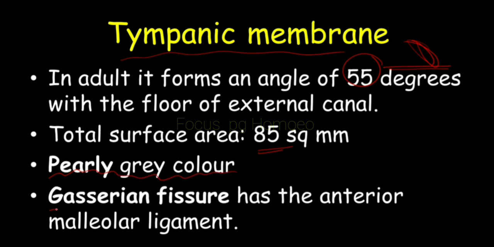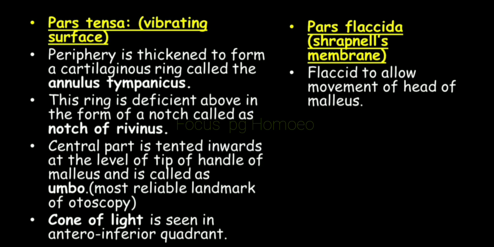And here this Gasserian fissure, which is associated with the tympanic membrane, has the anterior malleolar ligament. So these are all important MCQs along with the tympanic membrane. Now in case of the tympanic membrane, before going into detail, let me draw the diagram.